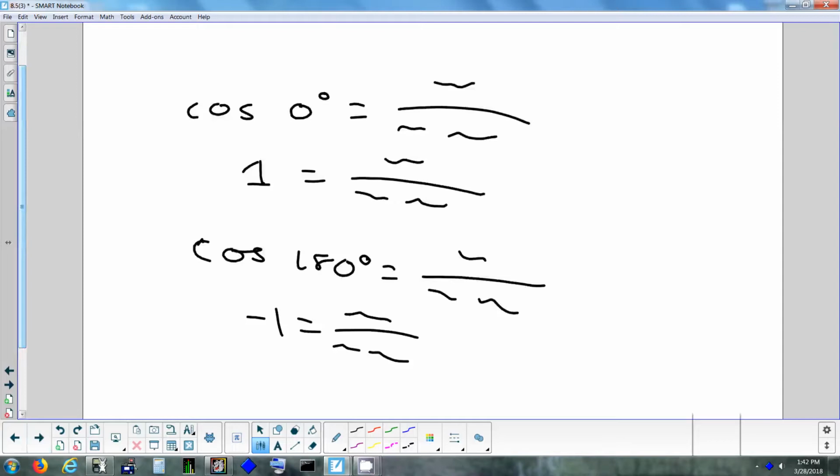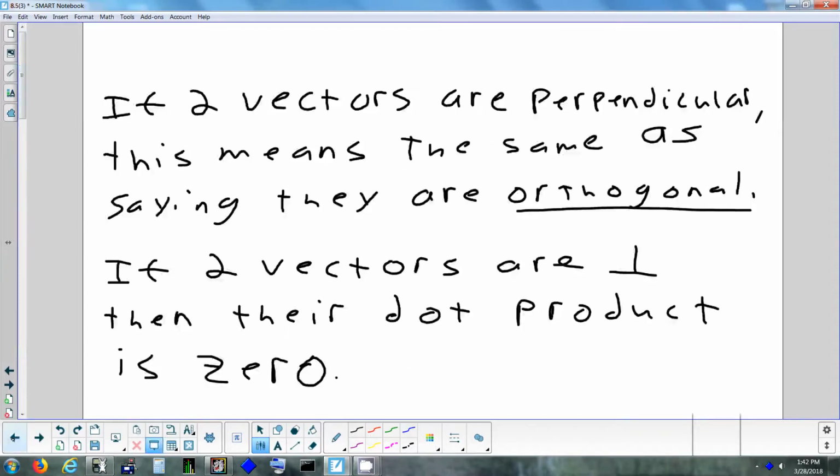Yeah. You have the same number top and bottom, but one of them is negative. So basically, they're opposites. Same number, except one's positive and one's negative. So if your numerator came out to, say, 12, and your denominator came out to 12, that means they're parallel. But you do have to find both the top and the bottom.